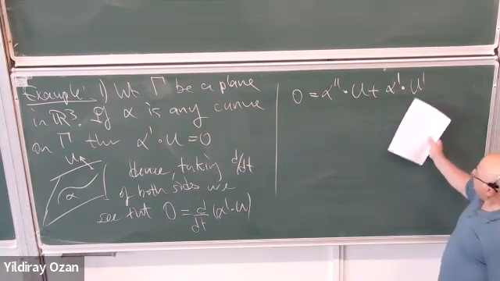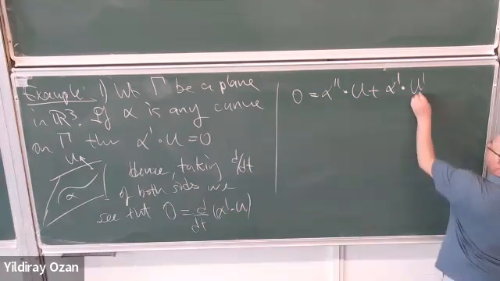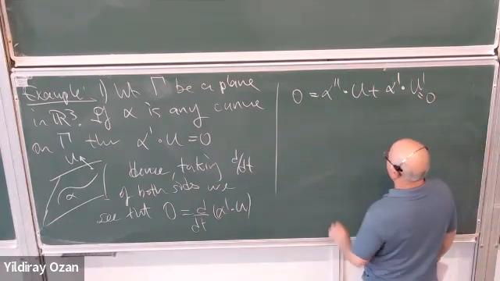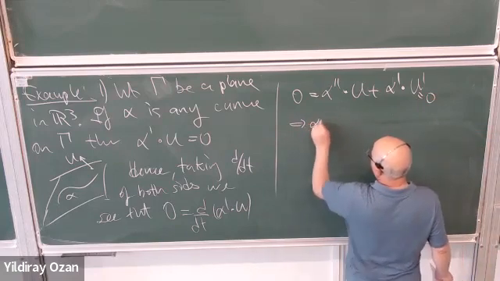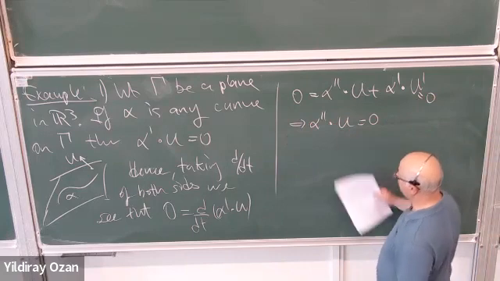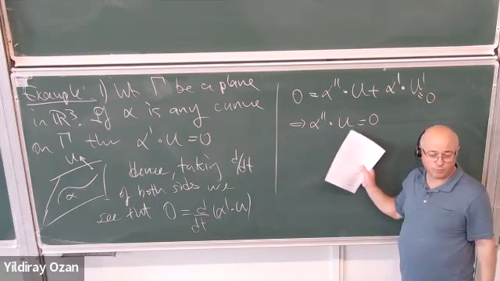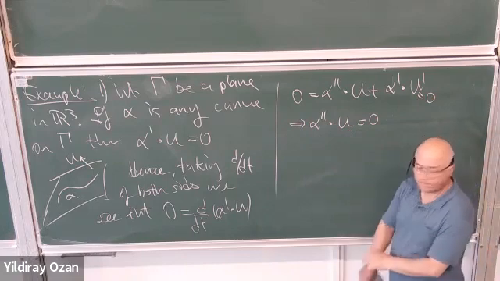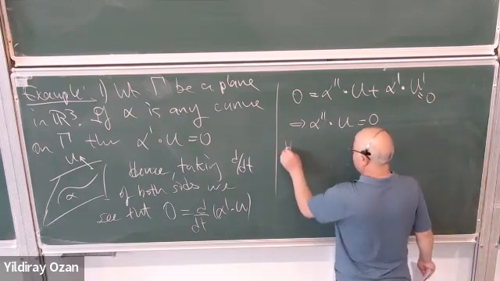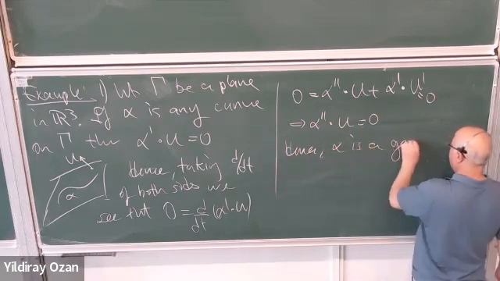But u is constant along the plane, right? The normal vector of the plane doesn't move. So this is 0. Meaning that alpha double prime dot product with u is 0, meaning that acceleration vector is always normal to the surface. Hence, alpha is a geodesic.